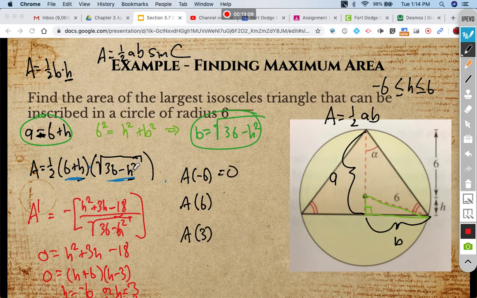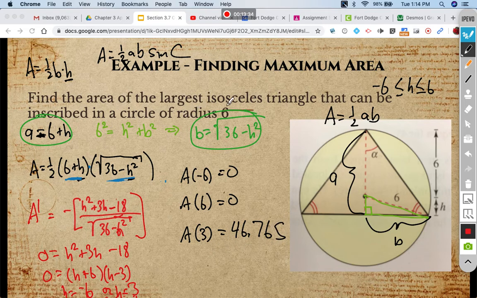If h is positive 6, 6 squared is 36, so this is 0. So my area is 0 at the endpoints. So I just look at 3, I plug in 3 into my formula, and I'm going to get 46.765.